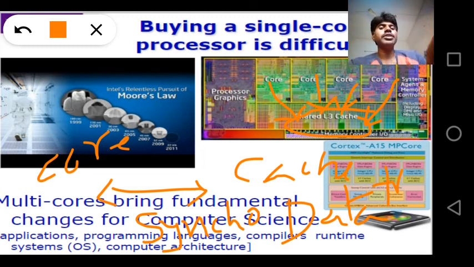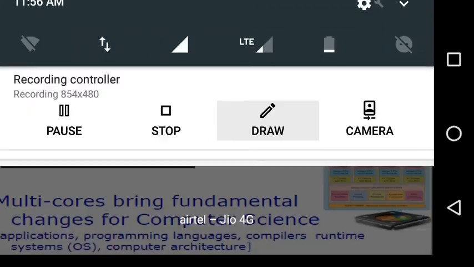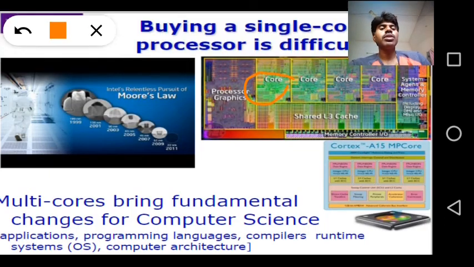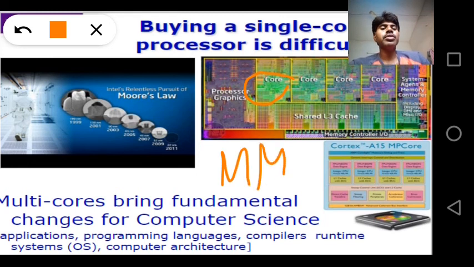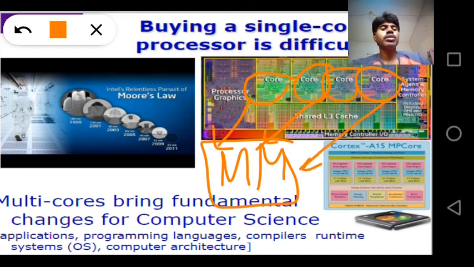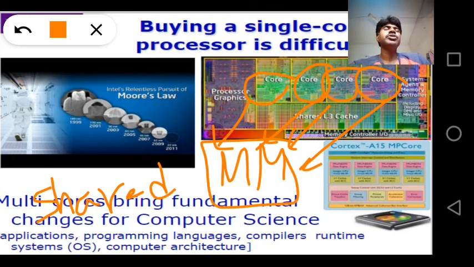But the point here is the speed of the core and the speed of the main memory. All cores can access the main memory. Moreover, this main memory is also a shared memory, and its speed is also comparable.